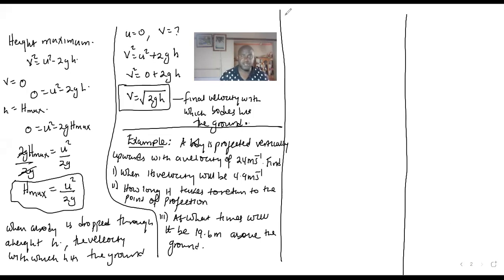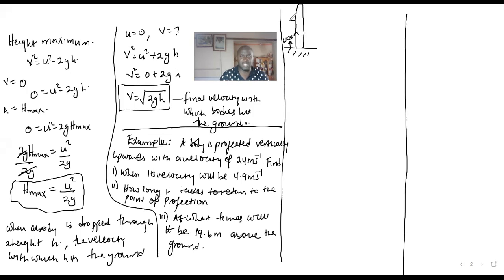Okay, hope we have the screenshot already. Now, the particle has been projected vertically upwards. I sketch a model for that. It's been projected vertically upwards, then it goes, and perhaps it comes back to the ground. Now, the first question says, when is its velocity 4.9? It has been projected with an initial velocity u, which is 24.